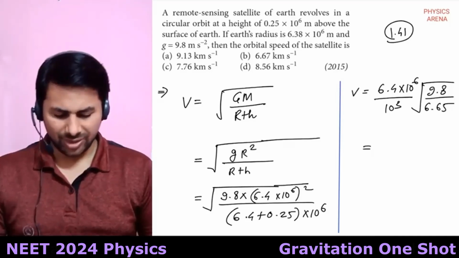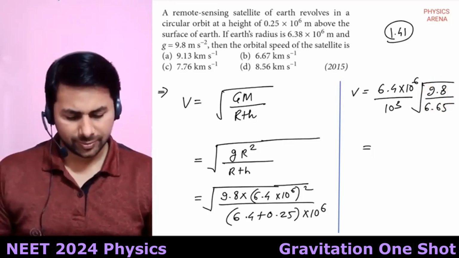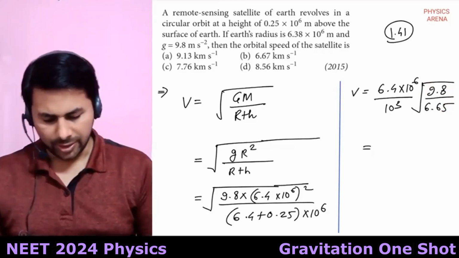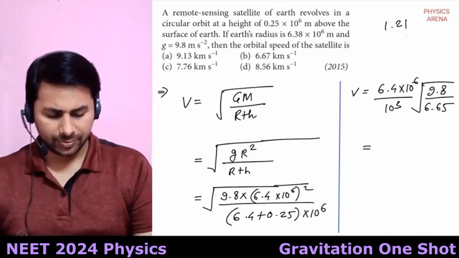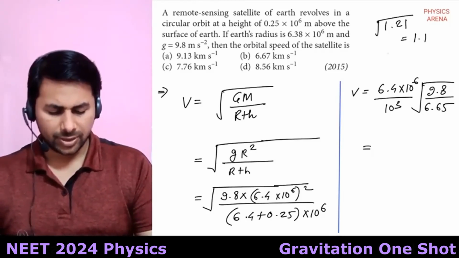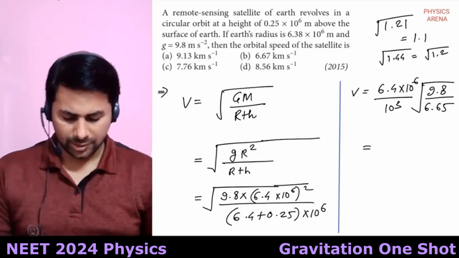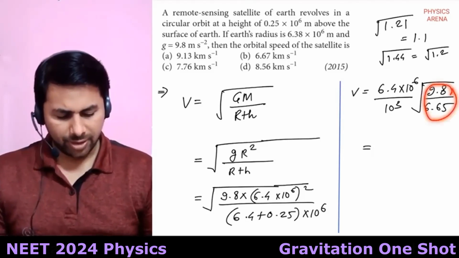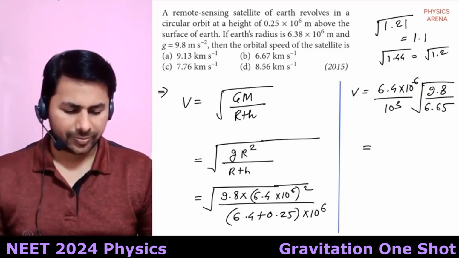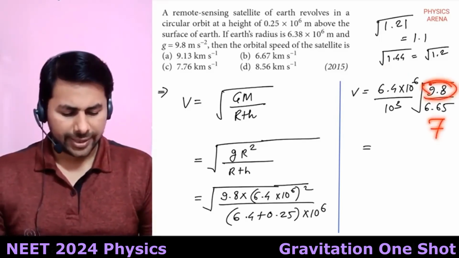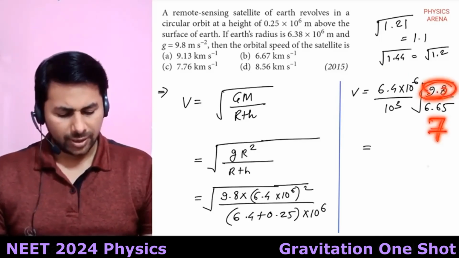See, square root of 1.21 is 1.1, and square root of 1.44 is 1.2. So this doesn't seem to be 1.4 or 1.5, because this is close to 10 and this is close to 7.